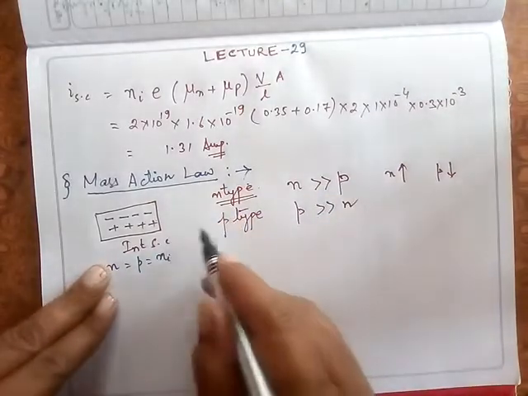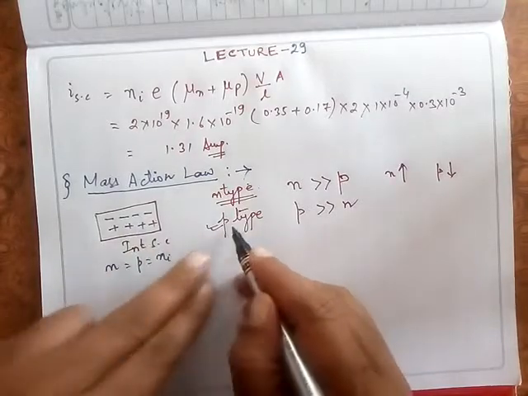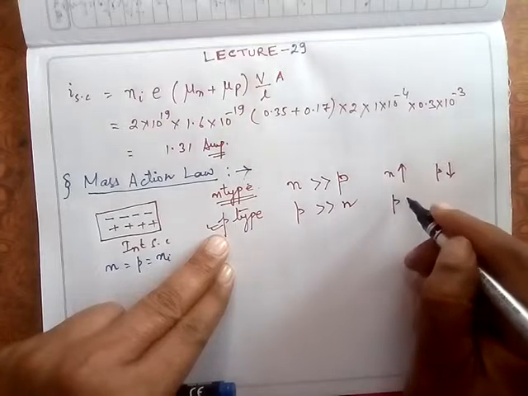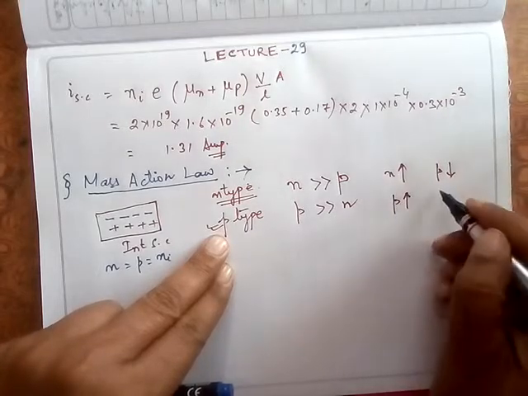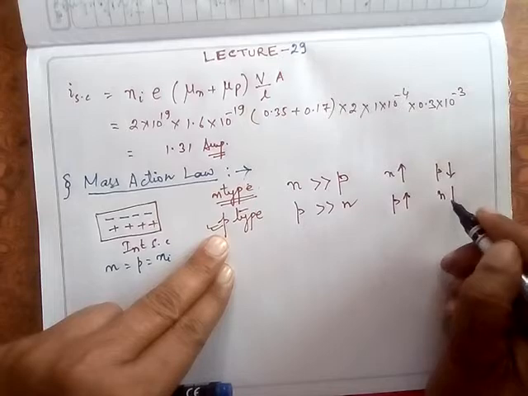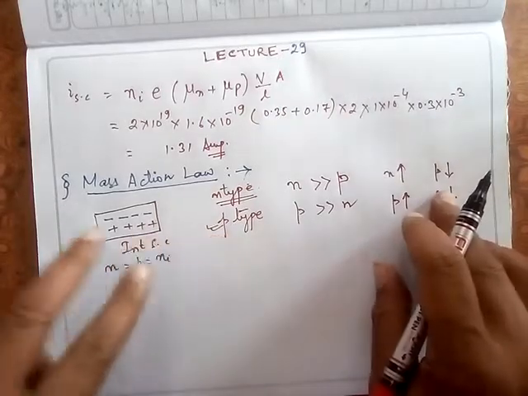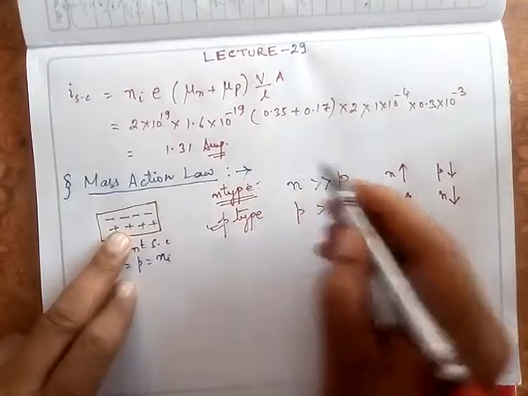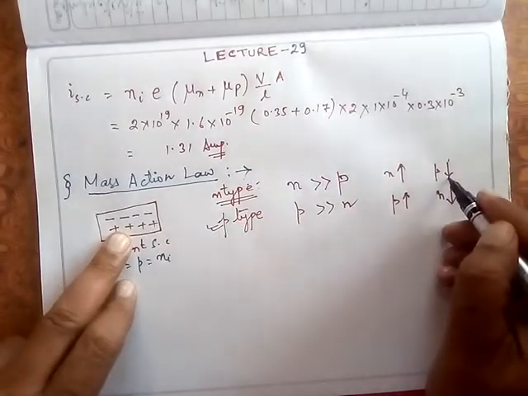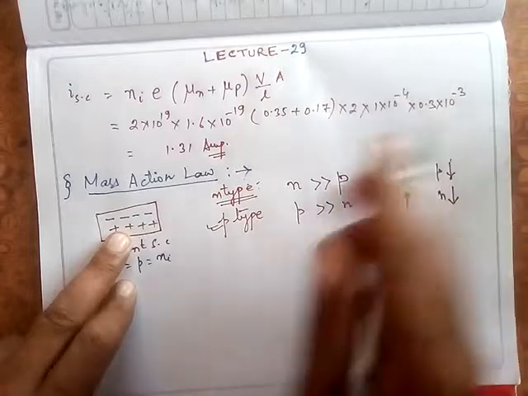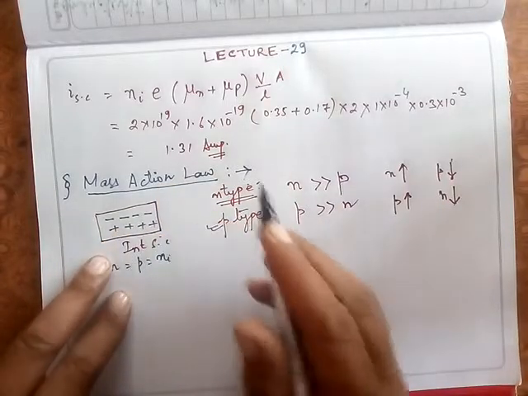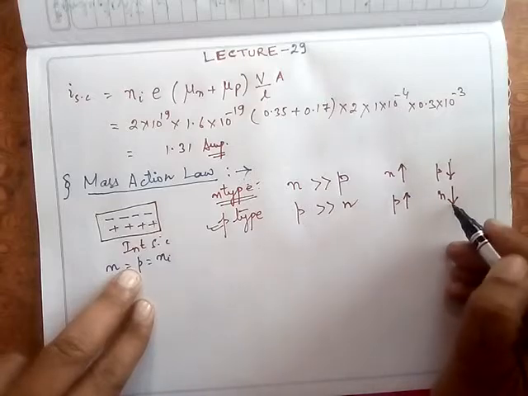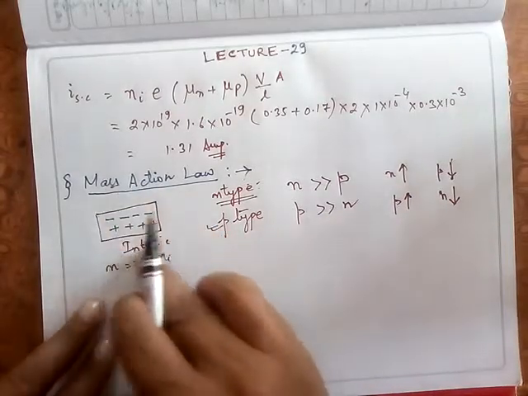And when a semiconductor is made P-type by adding some impurity, of course the number of holes increases, but the number of electrons decreases by a considerable amount from its intrinsic value. In N-type, the electrons increase and holes decrease by a considerable amount with respect to this intrinsic value, and in case of P-type, the holes increase and electrons decrease by some amount as compared to this intrinsic value, this Ni.